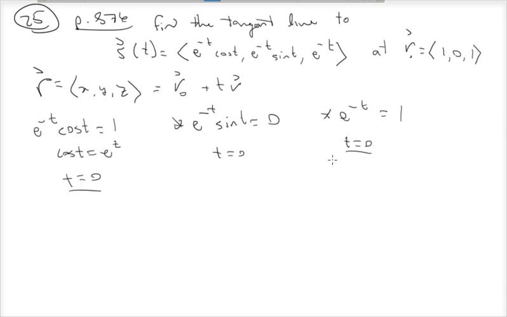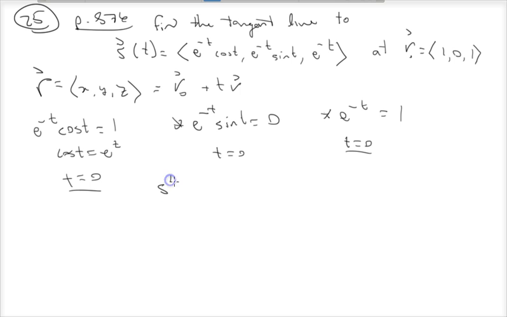So now what we need to do to find the v vector for our tangent line of s at r sub 0 is take the derivative of s and plug in t equals 0, and then we'll get our v vector, the vector that determines the direction of our tangent line.